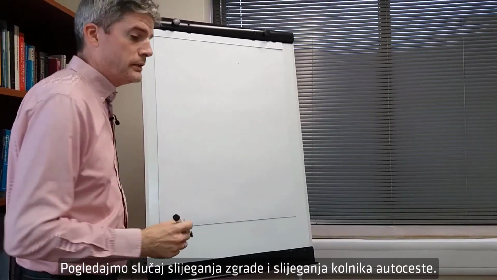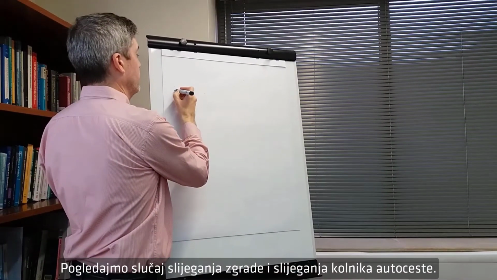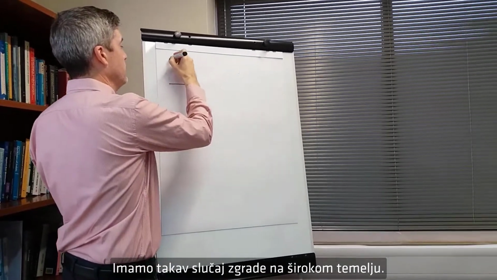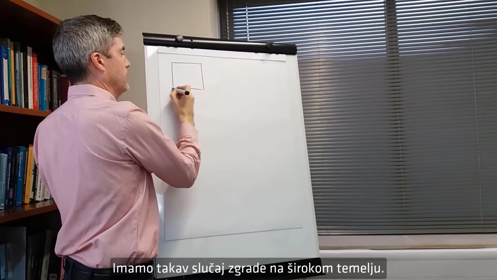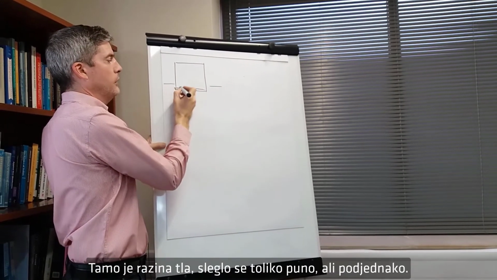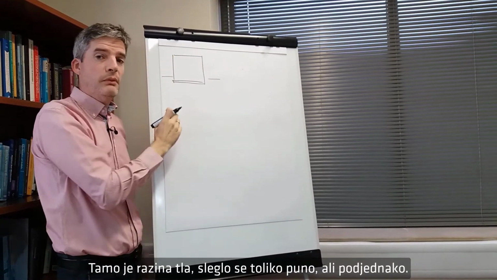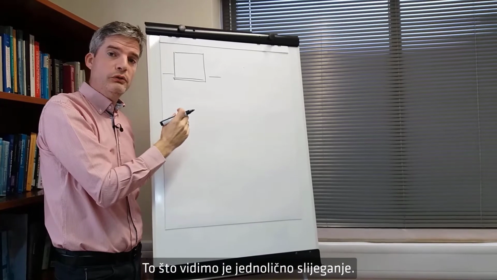So let's look at the case of building settlement and highway pavement settlement. We have a building like that on a spread foundation. There's the ground level. It has settled that much, but all by the same amount. So that is uniform settlement.